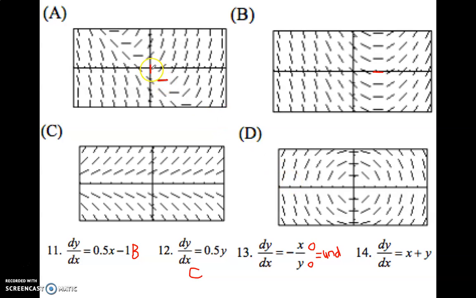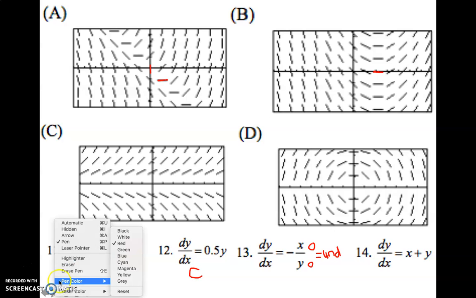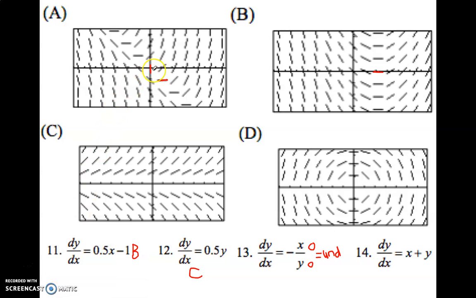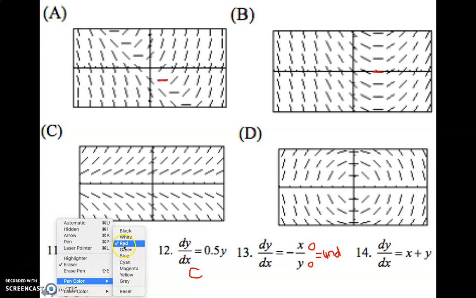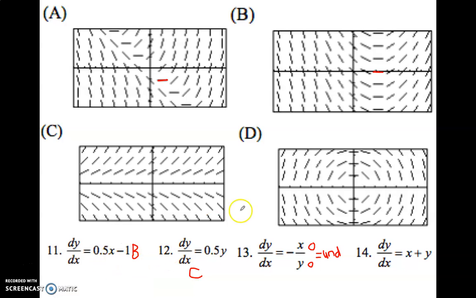And by the way, I shouldn't have marked that, but I'll erase it real quick because we don't know for sure. So let's knock it out. Okay, like it never happened. It might be that, it might not be, but you just can't tell. So we're going to try this one now. If I try this point 1, negative 1, and I put it in here, it's negative 1 over negative 1.